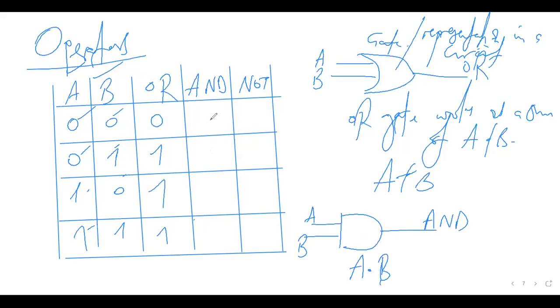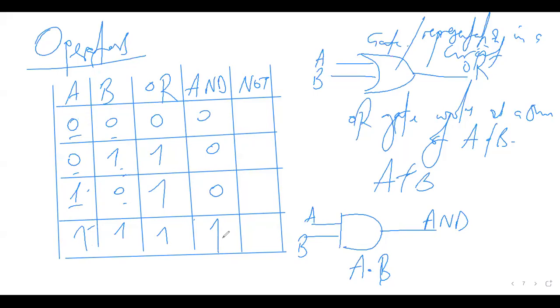What are the possible outputs resulting from the combinations of A and B? The first one is 0 times 0, which is 0. Then 0 times 1 is 0, 1 times 0 is 0, and 1 times 1 is 1.